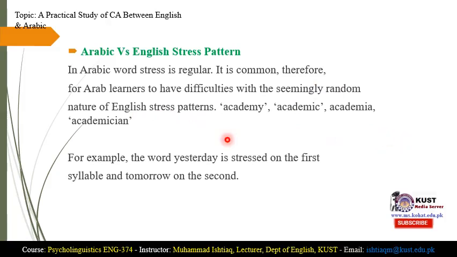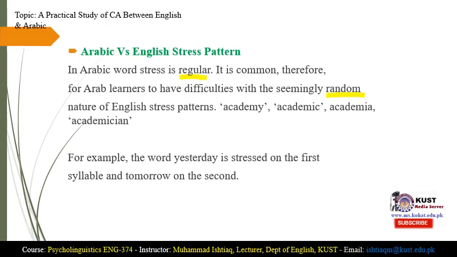So they may not be using the stress pattern of English the way it needs to be used. Why? Because one is random, the other is regular. So English uses random and Arabic uses regular.